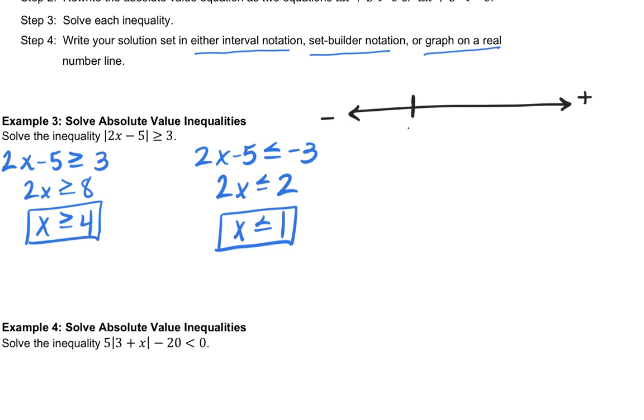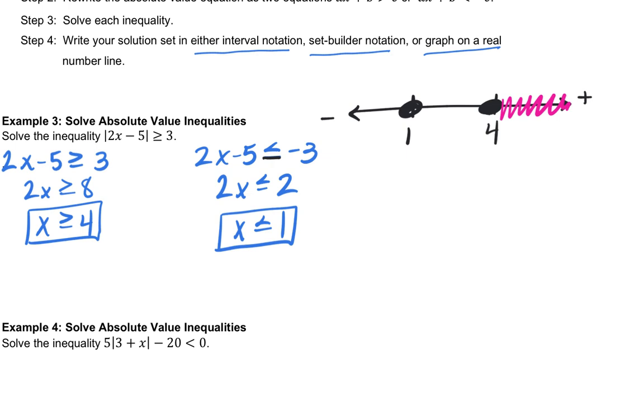You've got 1 and 4 as your answers. Since this is equal to, that means you're going to have solid circles here. And then read what it says. X is greater than or equal to 4. So that means everything to the right of 4, because that's greater than 4.